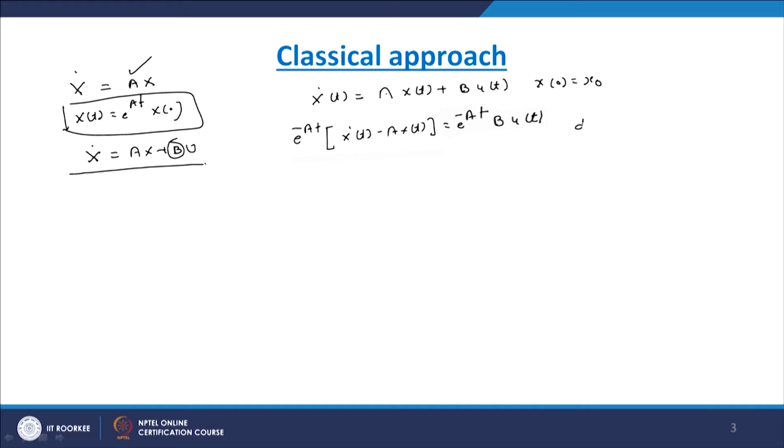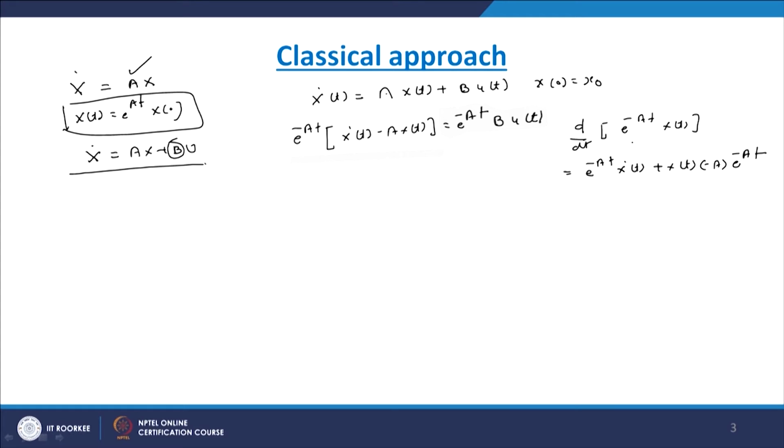Now we differentiate e raised to minus At into x of t and see the result, and then we will correlate this with the earlier equation. So, we get e raised to minus At into x dot t plus x of t into minus A e raised to minus At.